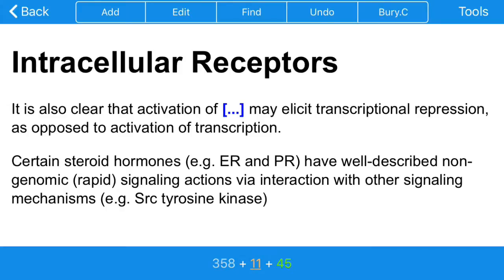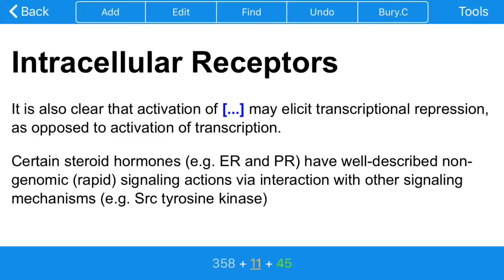Another thing, I should have done this yesterday because, again, I have all the ones from yesterday, so I went from 200 to 358, which is a lot of cards, and that's basically how many I had yesterday. Now it'll go faster because I'm more recently familiar with these guys, but still. It is also clear that activation of blank may elicit transcriptional repression as opposed to activation of transcription.